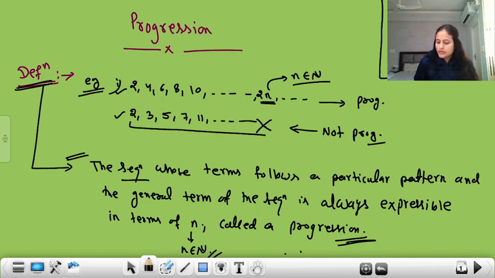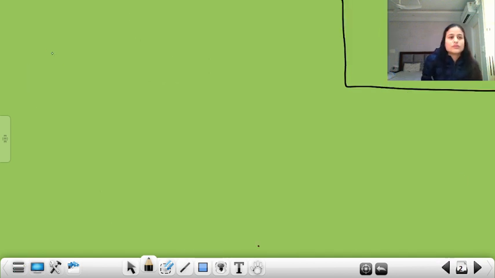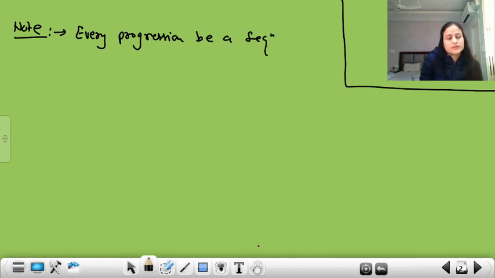Please make a note: as I said, every progression is a sequence. Some particular kinds of sequences are said to be progressions, whose terms follow some particular pattern and whose general term is always expressible in terms of n.